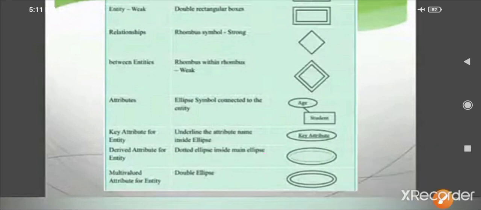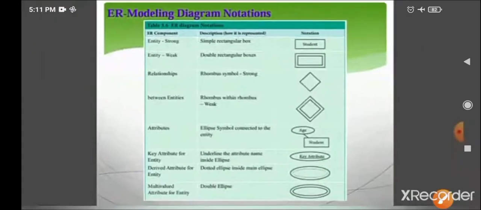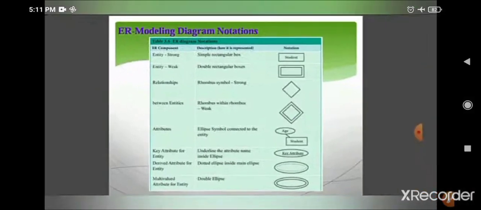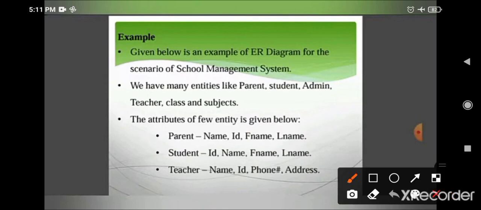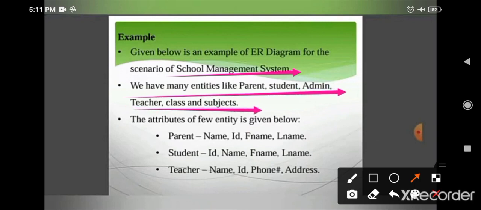This is the concept of ER diagram notations. Next, we can consider one example: a school management system. We have many entities like parent, student, admin, teacher, class and subjects.